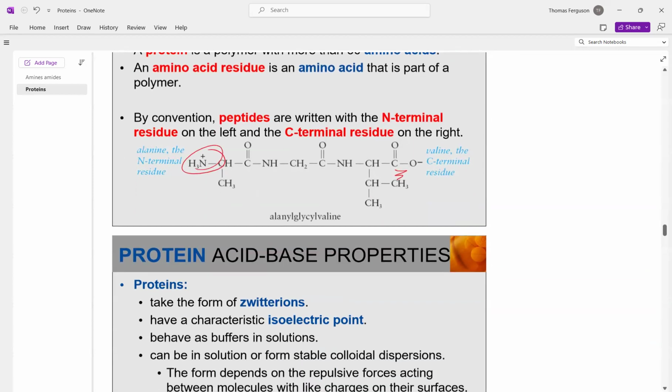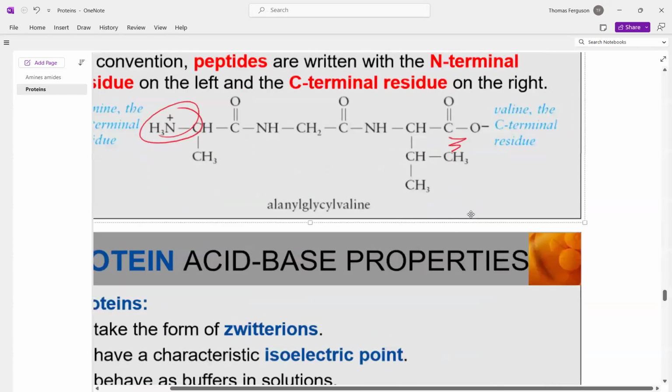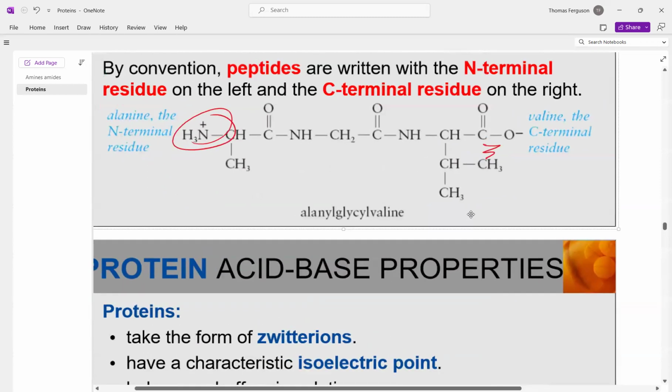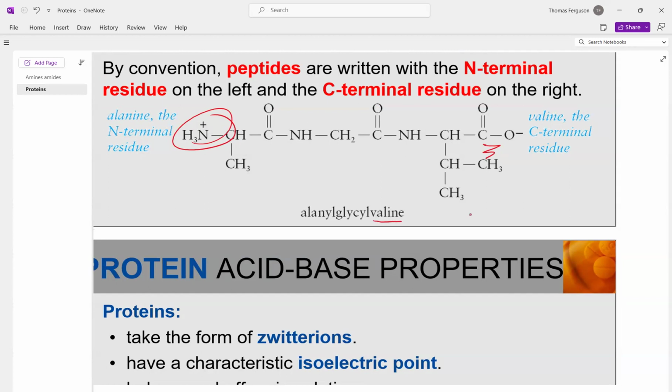To name a polypeptide, you've got the amino acid on the right as the main body. Think of that like a backbone. So this is valine here.